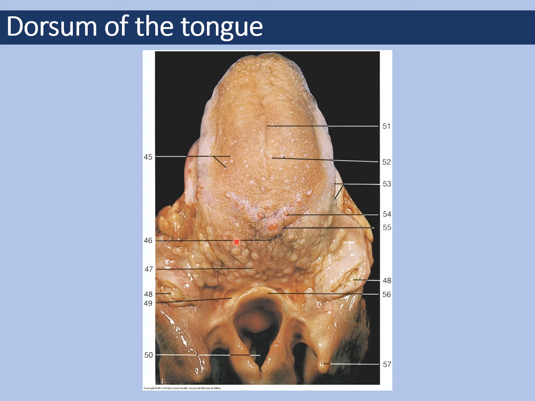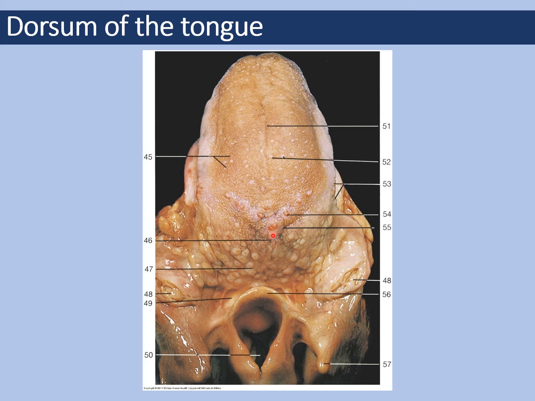The posterior one third, however, in contrast, has both taste and sensation via the glossopharyngeal nerve, and the sulcus terminalis reflects the place where these two structures join that, again, were derived from two different places embryologically.